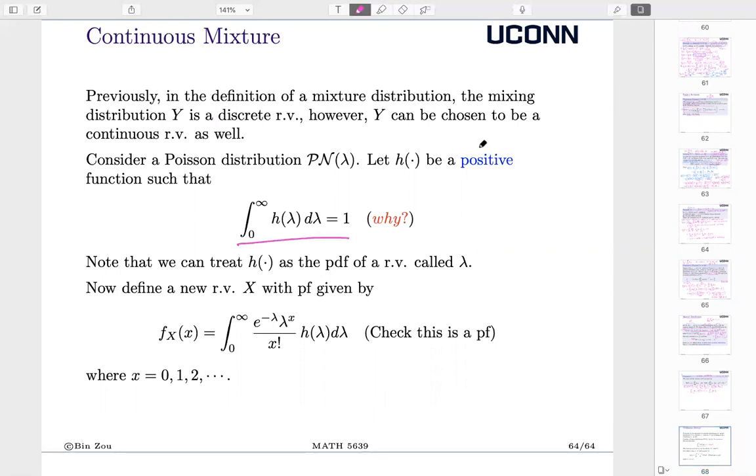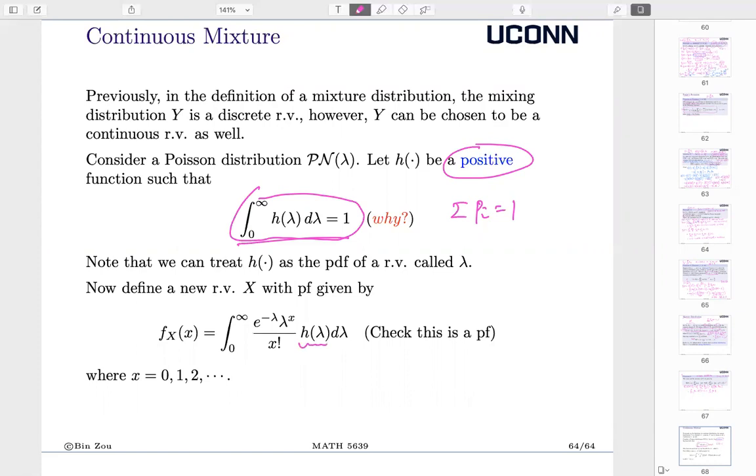So h is positive, okay, and the integral from 0 to infinity of this function is 1. This corresponds to pi equals 1.